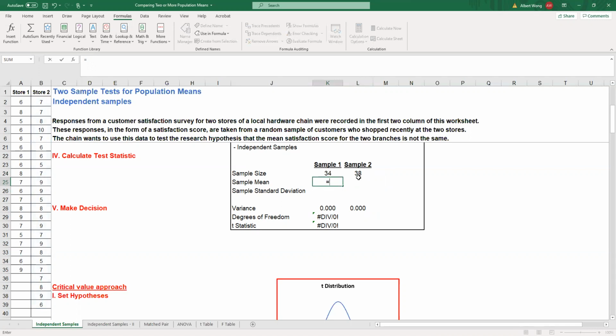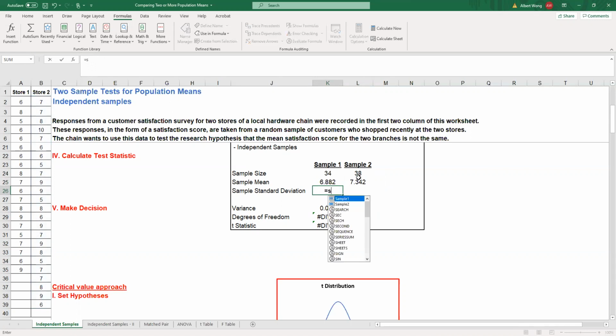Now we calculate the sample mean. The sample mean, of course, is the AVERAGE of sample 1. And then the mean for the second sample is the AVERAGE of sample 2. Finally, the sample standard deviation.